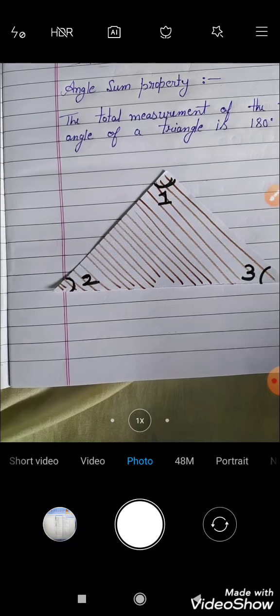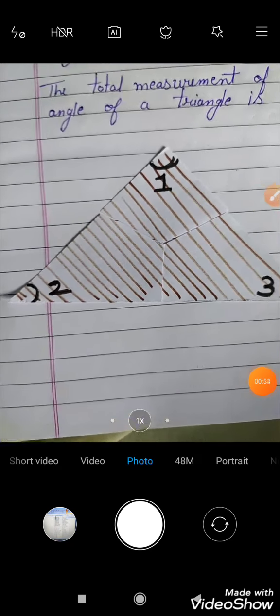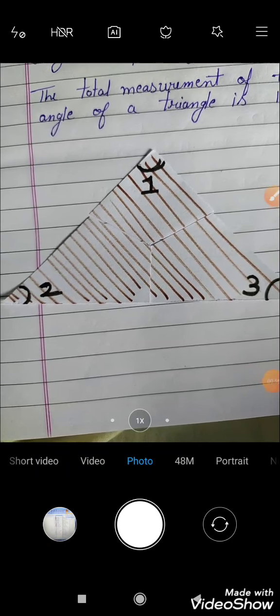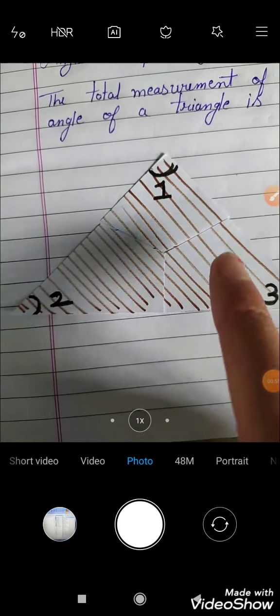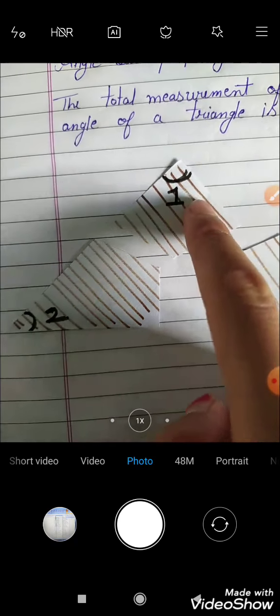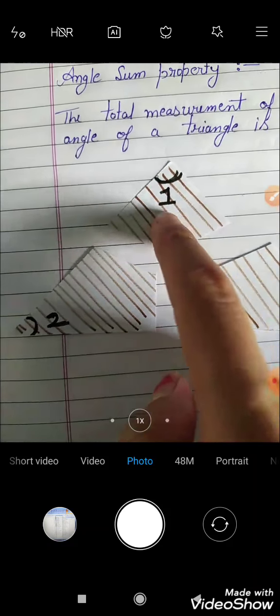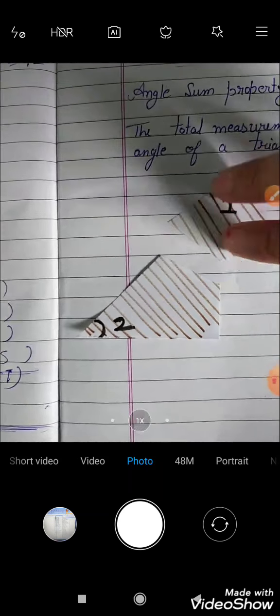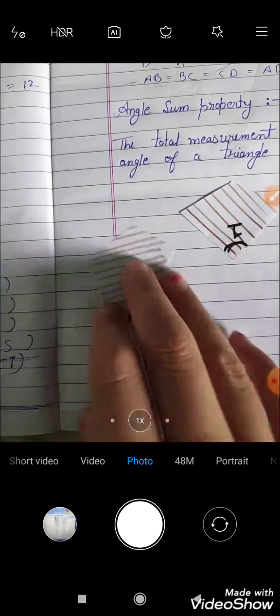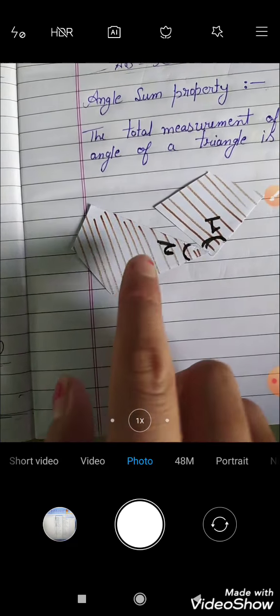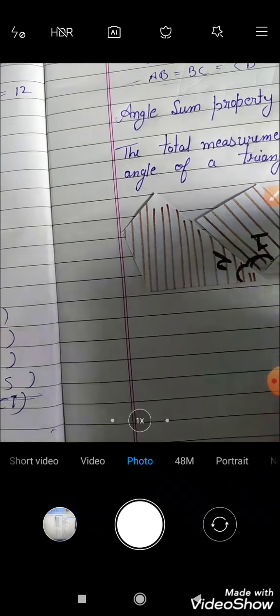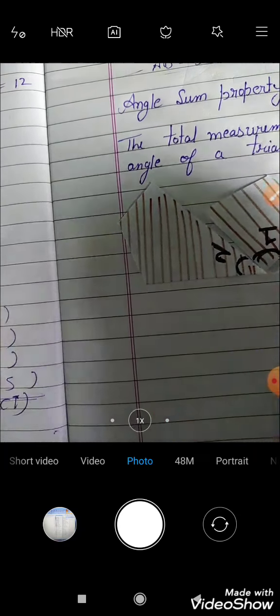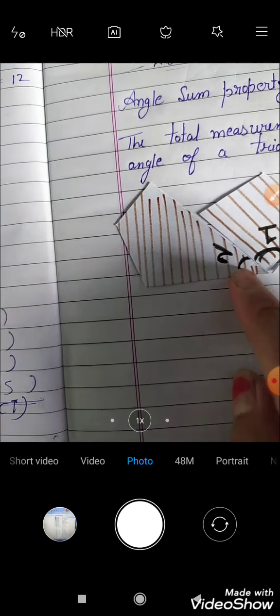For this we cut this triangle into 3 pieces such that we obtain its 3 angles separately. With the help of scissors I cut this triangle into 3 pieces, and each piece has one of its angles. Now arrange these pieces so that all the angles coincide at a particular point.